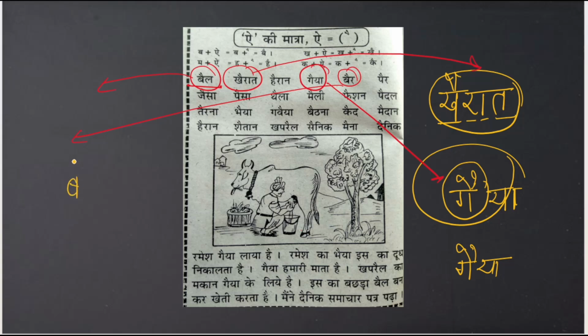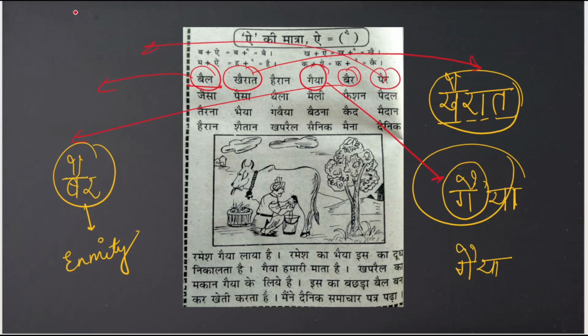This is letter ba, and this is matra I, and this is ra. Now it became bair, okay? Bair, which means enmity. This is pa, and this is matra of I, and this is ra.